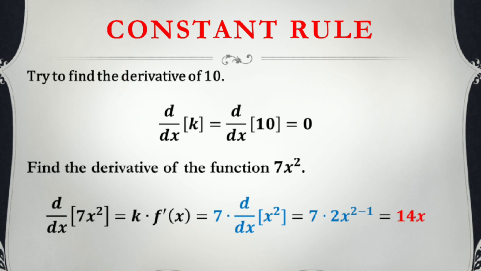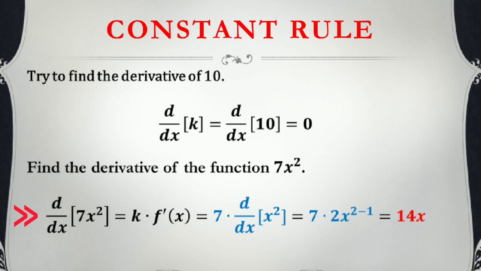Okay, we will try the other example here. We are asked to find the derivative of the function 7x squared. In this case, we will use the constant multiple rule where k, the constant number, is multiplied by f prime of x.